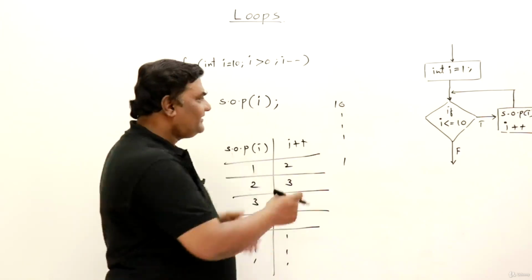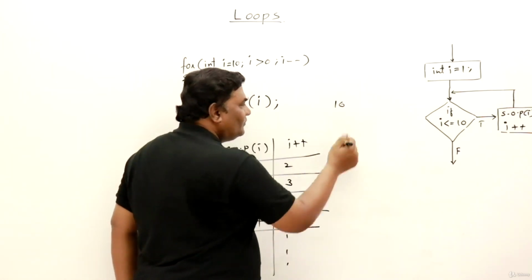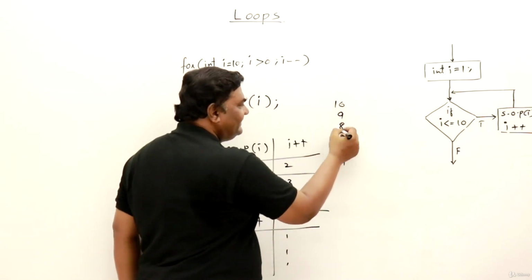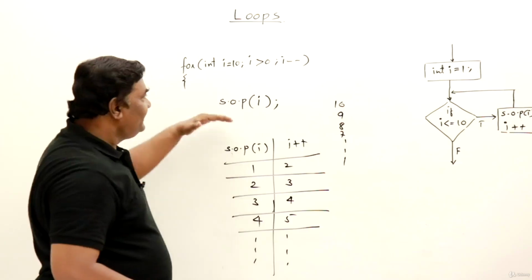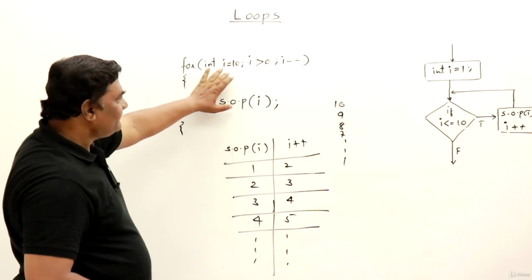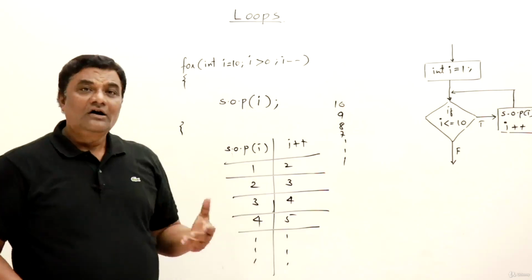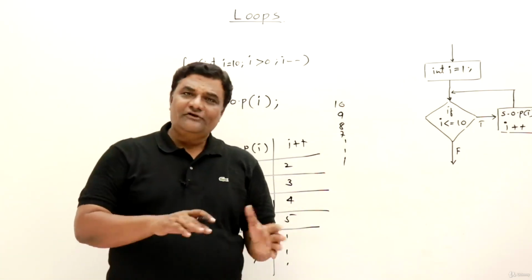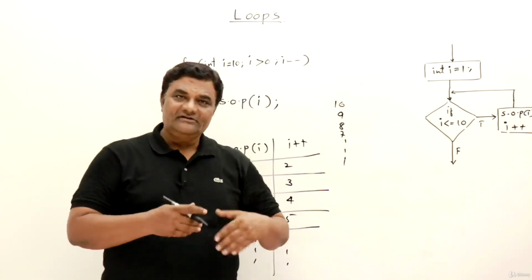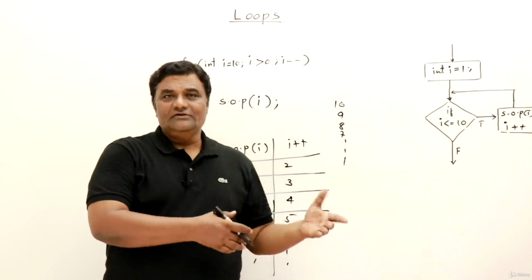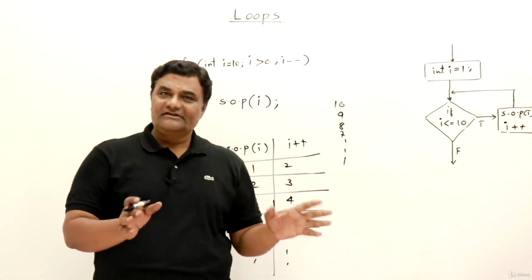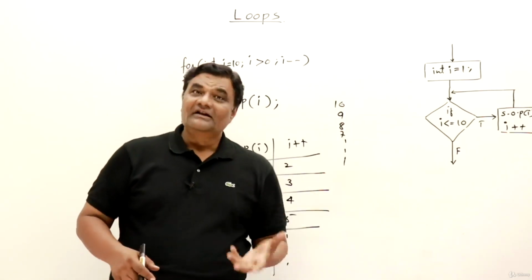Now the values will be printed from 10 through 1, that is 10, 9, 8, 7 and so on. Initial value is 10, so this is a decrementing counter loop. You can make a for loop run either way: you can increase the counting or decrease the counting, depending on your requirement.